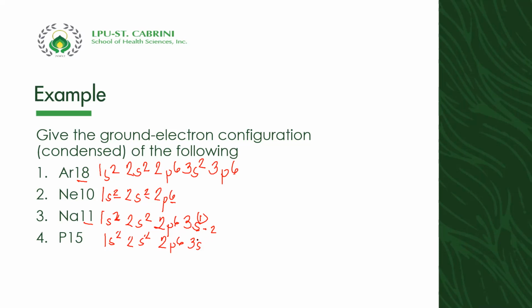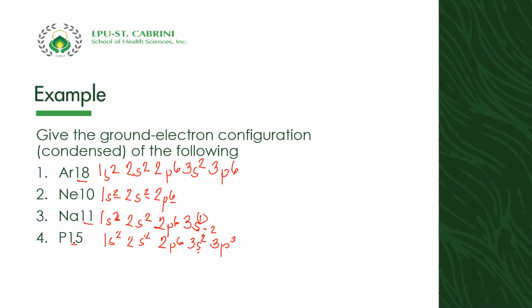So if this is only 1, kukulangin tayo. So 3s2, since S can hold 2 electrons. Then 3p. This time, we only have 3p3. So that we have 15.